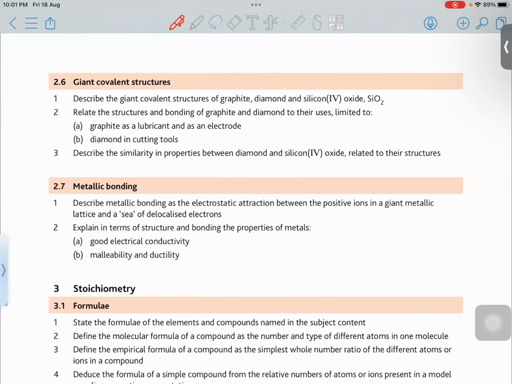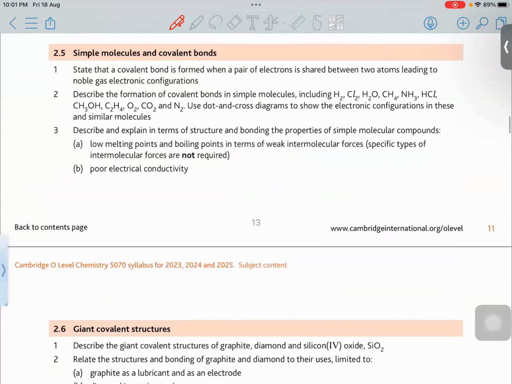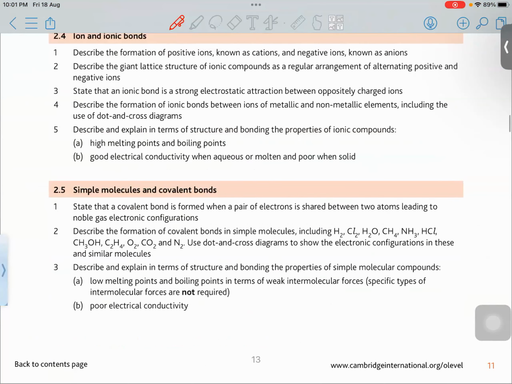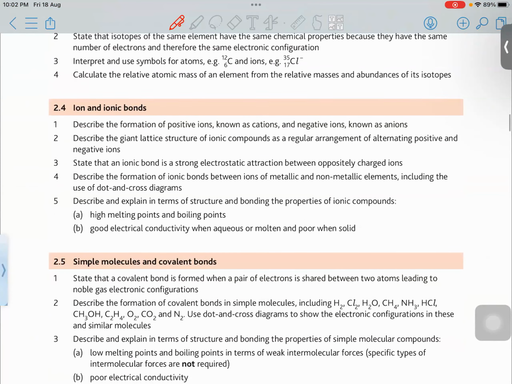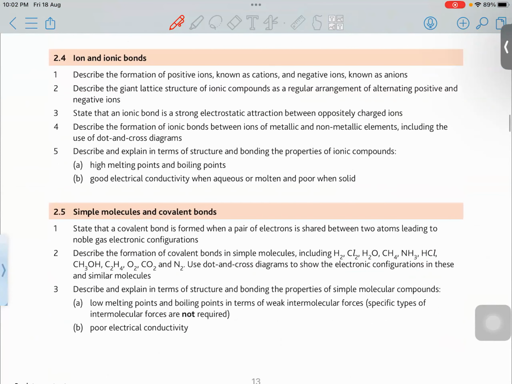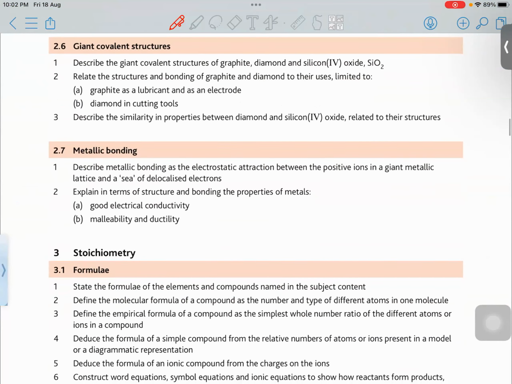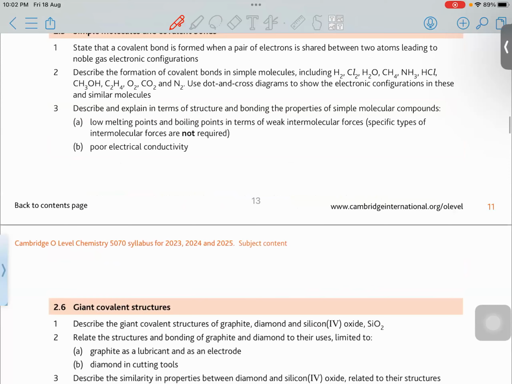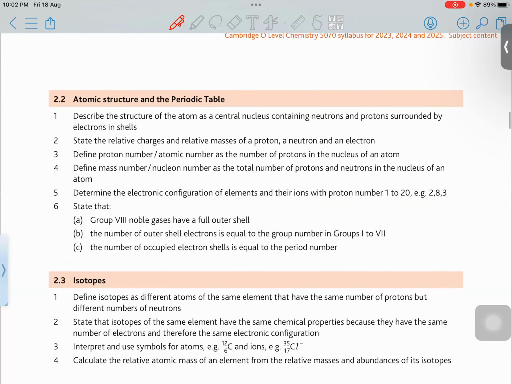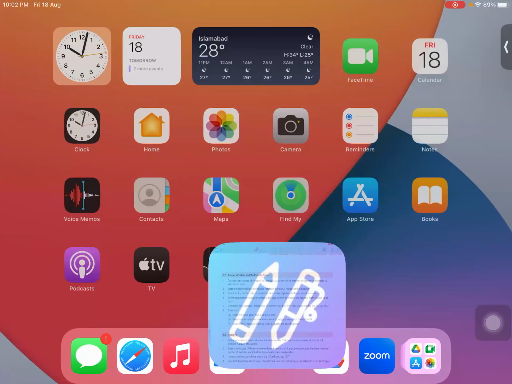After this chapter 2.2, you have ions and ionic bonds, then simple molecular and covalent bonding, then bonding.